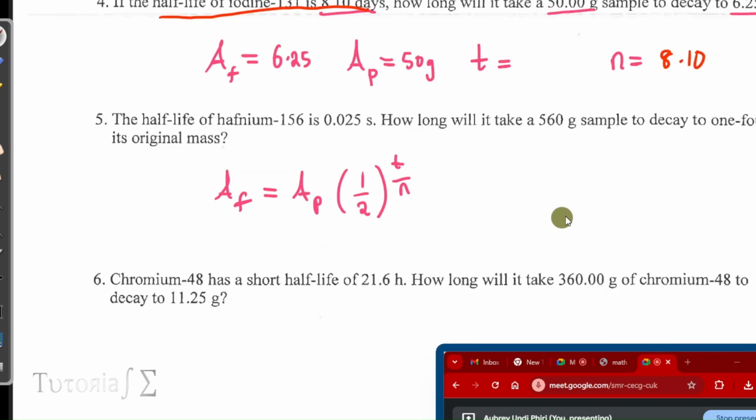So let's find T. You will say AF, which is 6.25, will be equal to the present value, which is 50 grams, then half raised to the power the time which we are looking for, over n, which is 8.10.